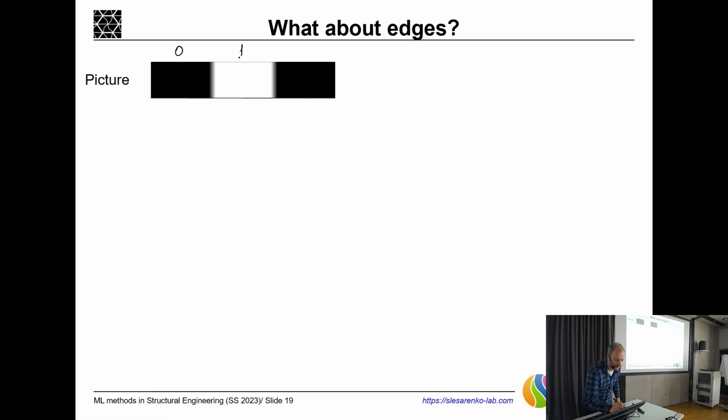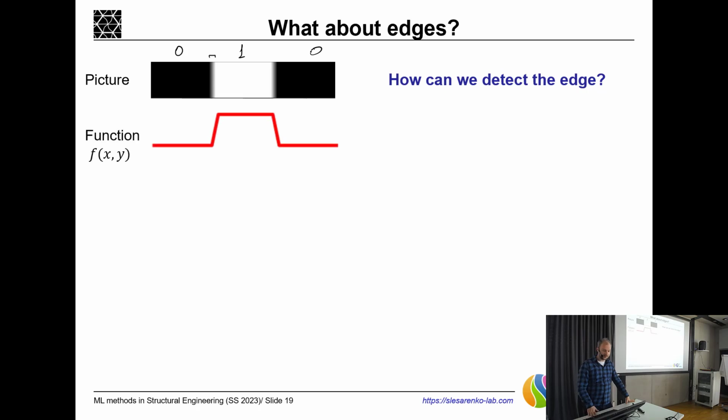I have 1 here, where I smoothed a little bit, so there is some transition, actually very small, but there is still a transition, and 0 here. So mathematically, if we look at that in the one-dimensional case, this is the same question that I already asked, we can build a function. So basically, either it's 0 or 1. And you see there is a small slope that I added just for convenience, because we never have perfect edges.